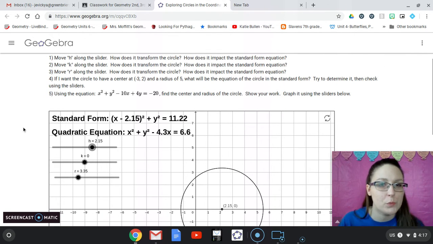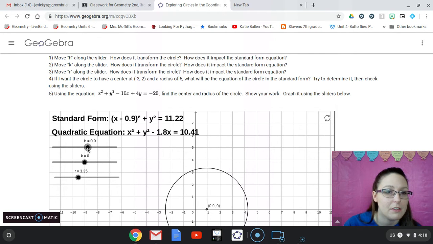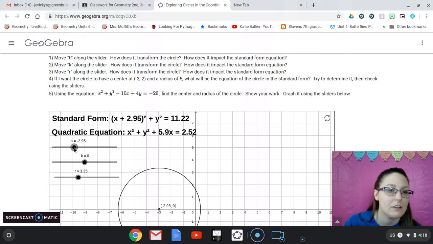Now, number 4 is where we're bringing the equations back into it. The standard form is really the one that we've been looking at here. On number 4, it says if I want the circle to have a center at (-3, 2), well, if I know that I want my center to be at -3, then I'm going to move h back to -3, or as close as I can get.